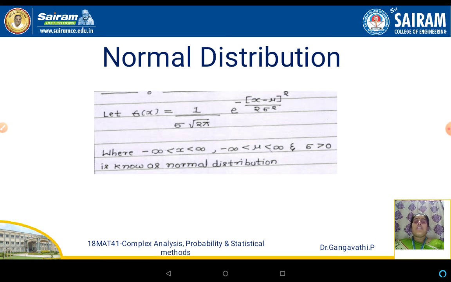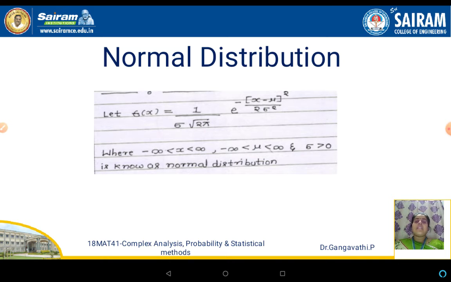Let us consider f of x, which is equal to 1 divided by sigma into square root of 2 pi, multiplied by e to the power of minus x minus mu whole square divided by 2 sigma square, where x takes the values between minus infinity and plus infinity, mu takes the values between minus infinity and plus infinity, and the value of sigma should be positive, that is greater than 0.